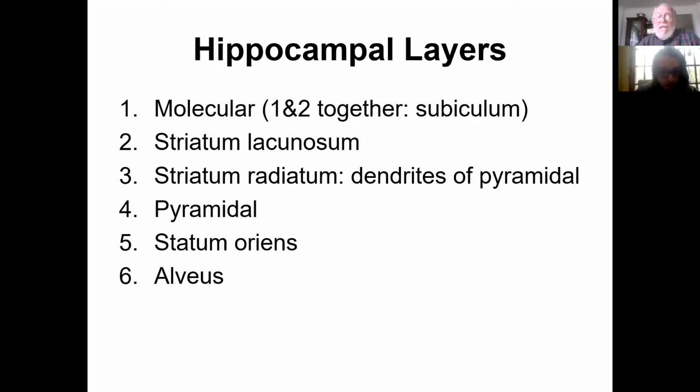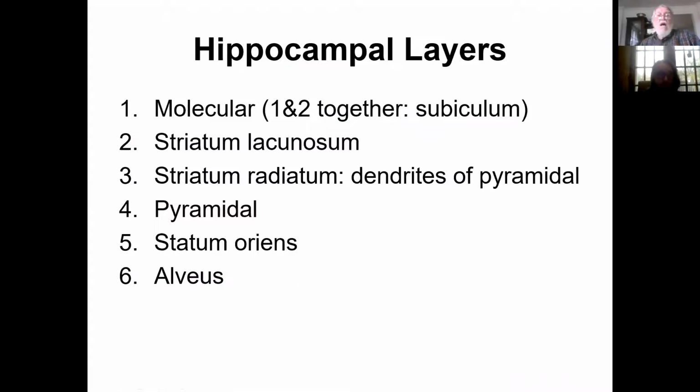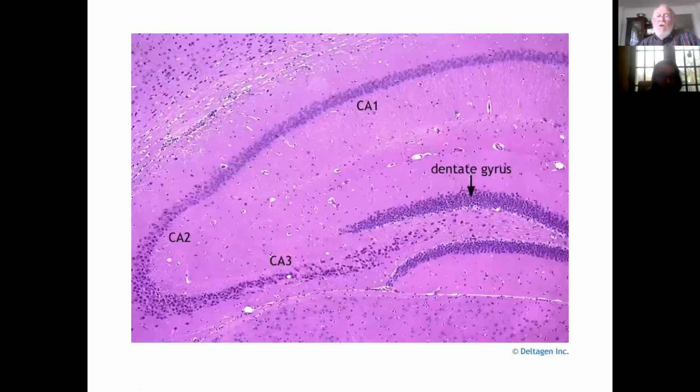So in the hippocampus, not only do we have 4 regions of the hippocampus: CA1 dorsal, CA2 curve, CA3 ventral, and then within the hippocampus, the dentate gyrus. But throughout all of these regions, we have 6 layers. The outermost layer is called the molecular layer. So now don't get confused.